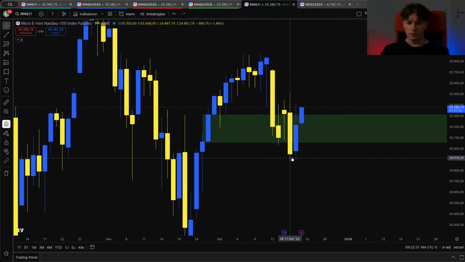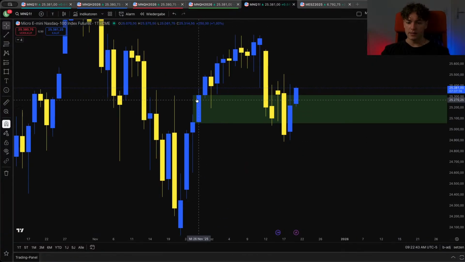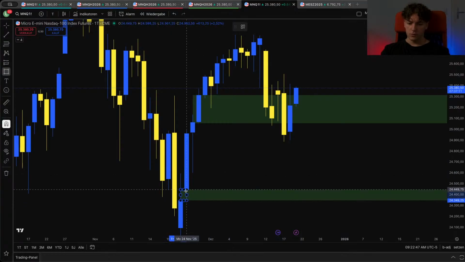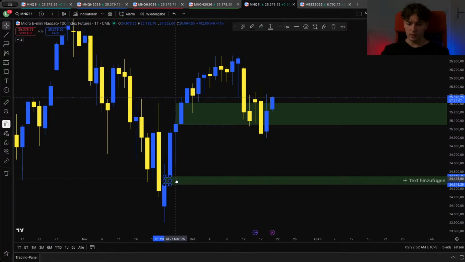Traded down, close below this daily fair value gap. I wanted to see it be used as an inverse fair value gap to, in the end, draw down into this daily volume imbalance right here, okay?